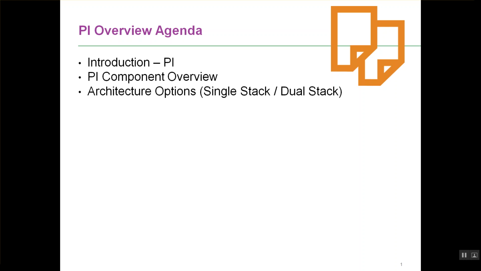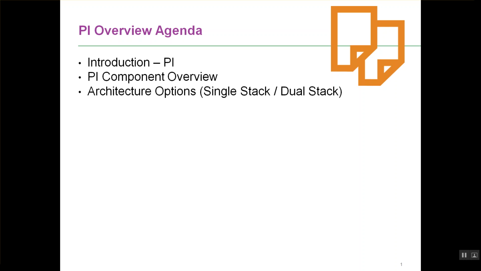And finally, in this session, we'll wrap up with what are the architecture options of PI. I'm sure a lot of you are wondering, is this course process integration? Is this course process orchestration? What is the difference between process integration and process orchestration? Is there any difference at all, for that matter?